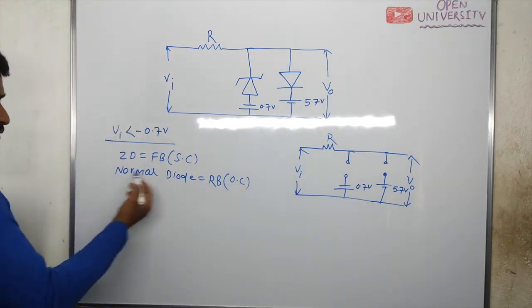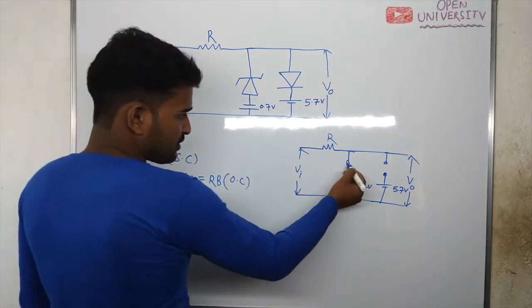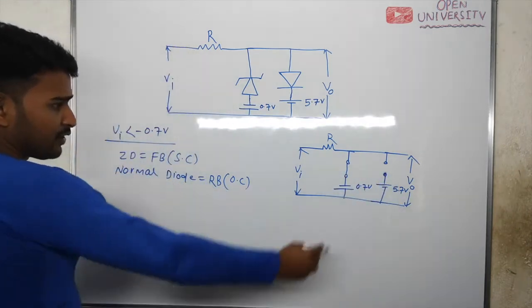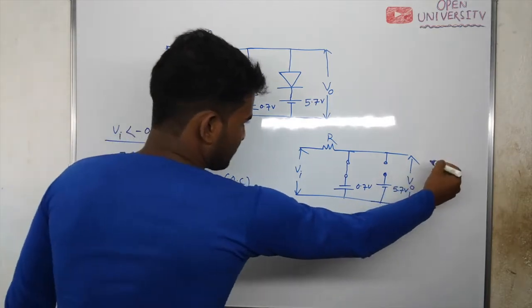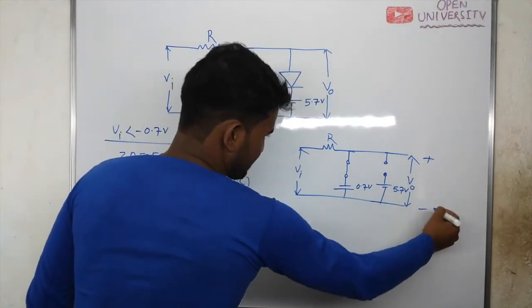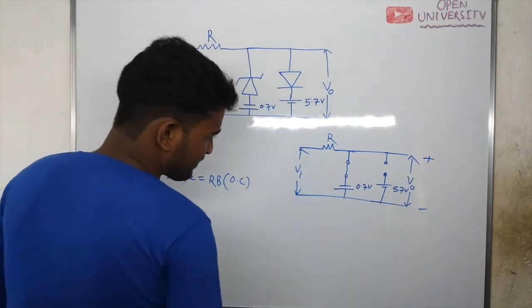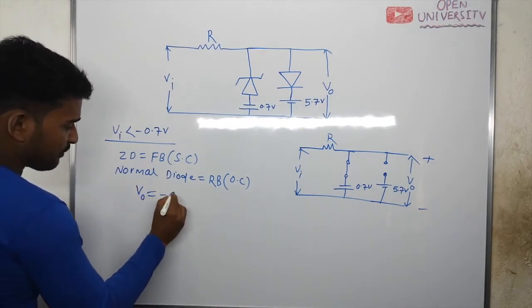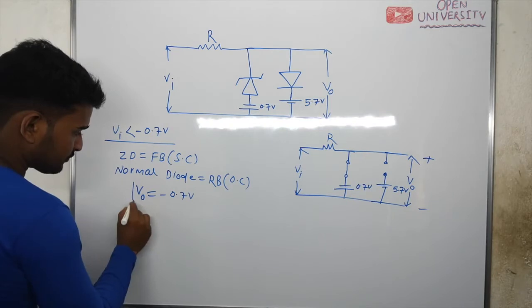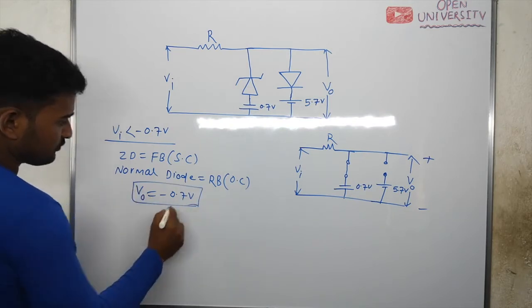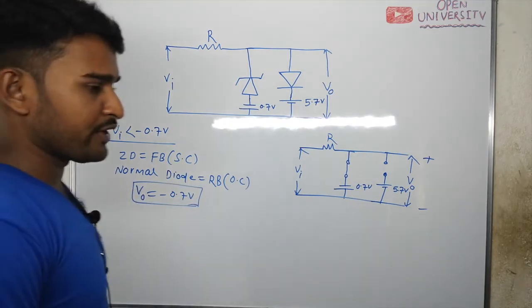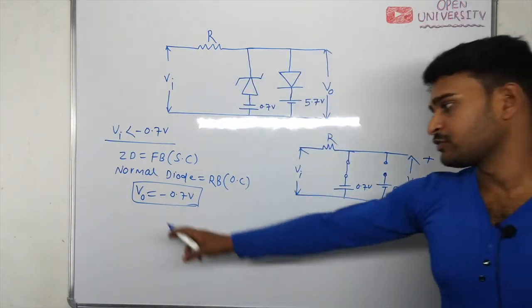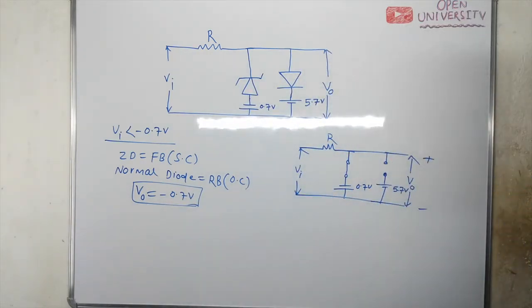With the Zener diode short circuit and the normal diode open circuit, what will the output voltage be? Measured like this, plus or minus, V0 will be equal to minus 0.7 volt. So when input voltage is less than minus 0.7 volt, output voltage is minus 0.7 volt.